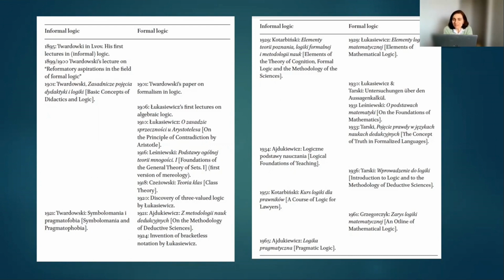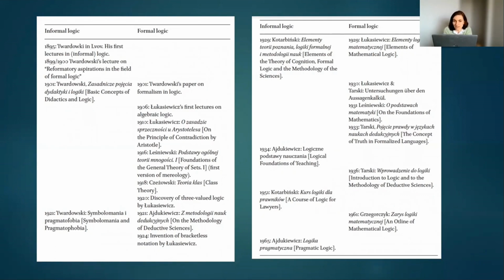In the 30s, Łukasiewicz and Tarski published their investigations into sentential calculus. In 1939, Leśniewski published another book on formal matters, on the foundations of mathematics. And finally, Tarski in 1933, The Concept of Truth in Formalized Languages.